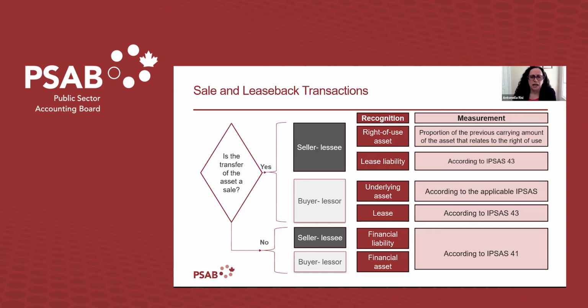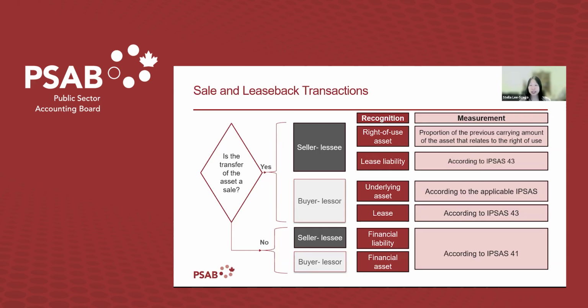Thank you, Stella. And how would you determine if a transfer qualifies as a sale? An entity will need to determine whether the conditions for satisfying a compliance obligation as specified in IPSAS 47, Revenue, have been met.